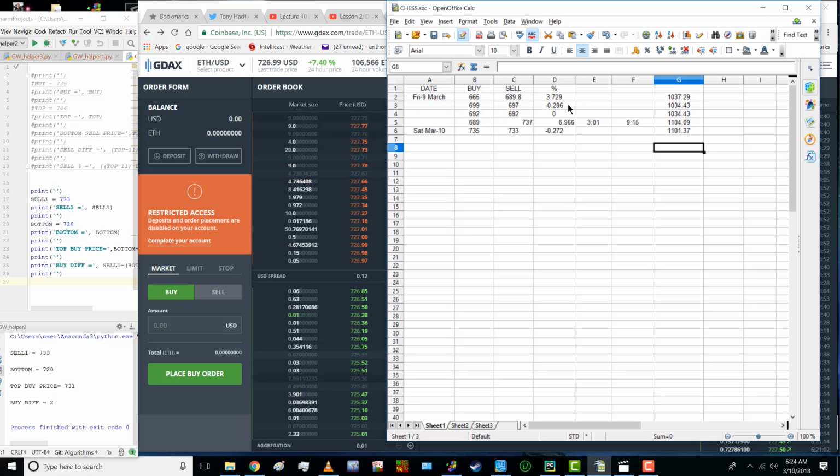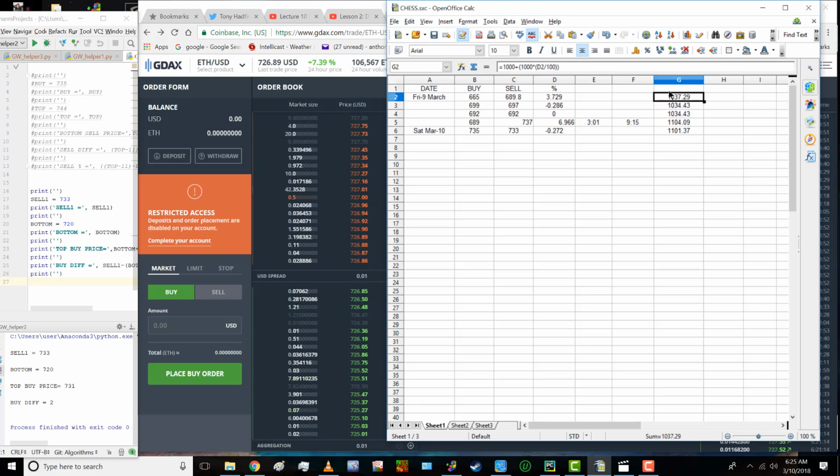Then there was a slight loss, a 0, and then the big run up late in the day netted nearly a 7% gain. These have been put through the appropriate value adjustments, and hypothetically, if I started off with $1,000, we will be sitting on $1,100 right now. As you can see, the last buy was 735 and it was sold at 733, so that would be the current position.